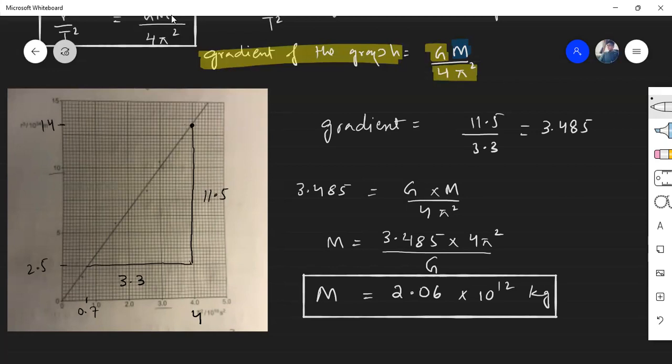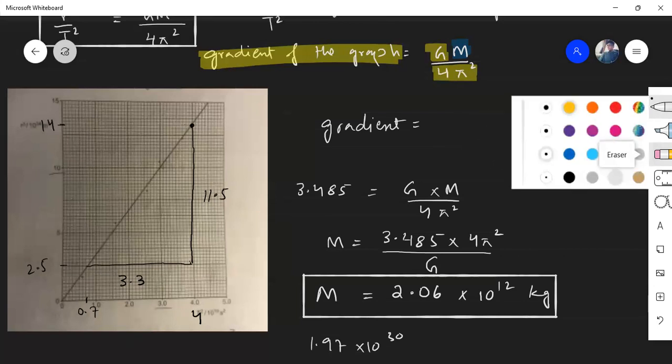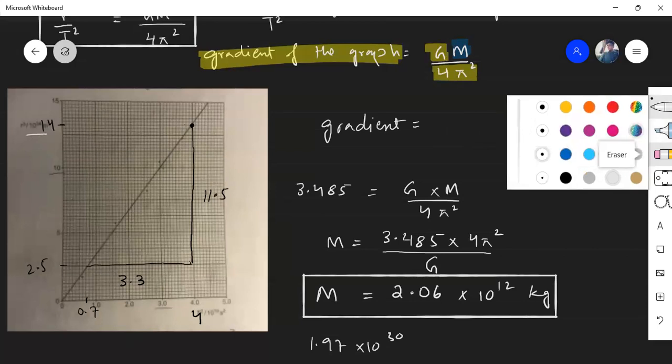Did you follow this result? Wait. The answer is 1.97 times 10 to the 30, isn't it? Wait, did I? Oh, okay, I know what was wrong. What we missed here were the units.